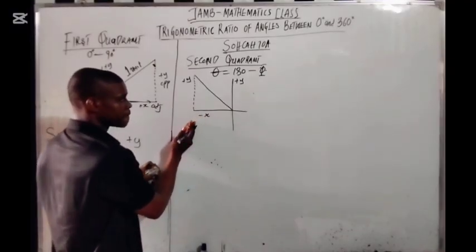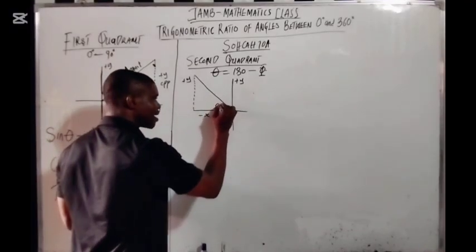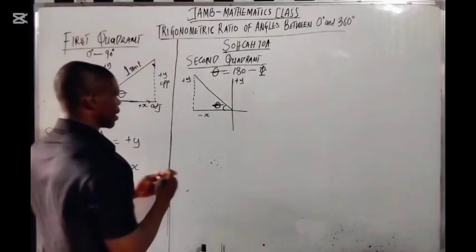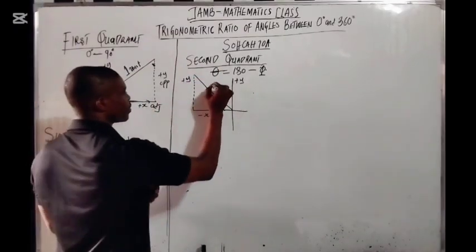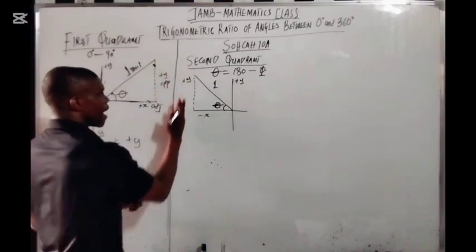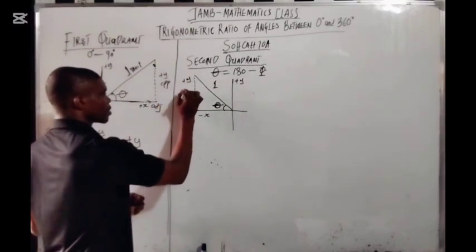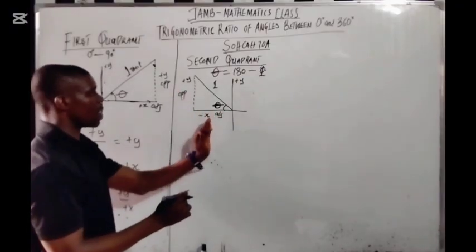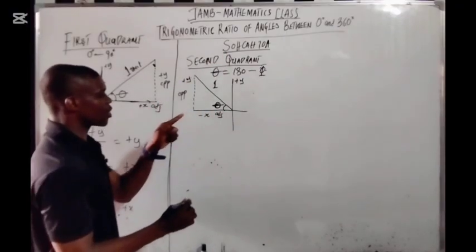Hope you understand. Here is my theta. So let's apply SOHCAHTOA here, right? Here is my hypotenuse, which is 1 unit. Here is my opposite and my adjacent. Can you see that?